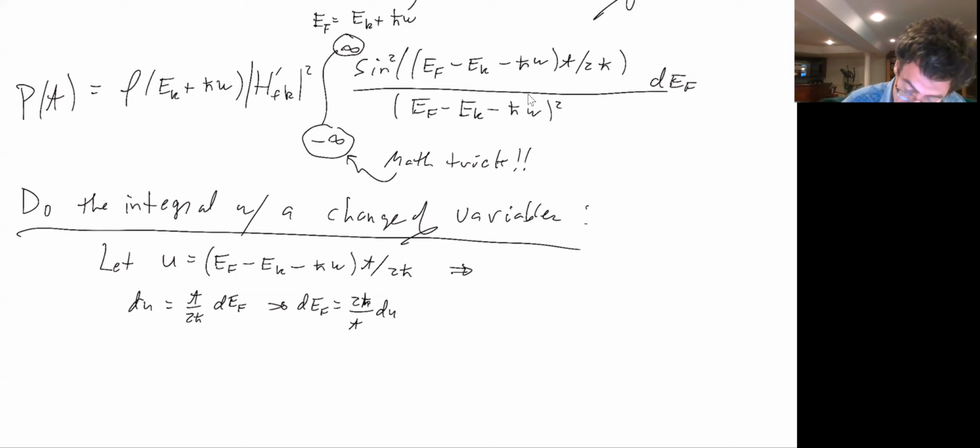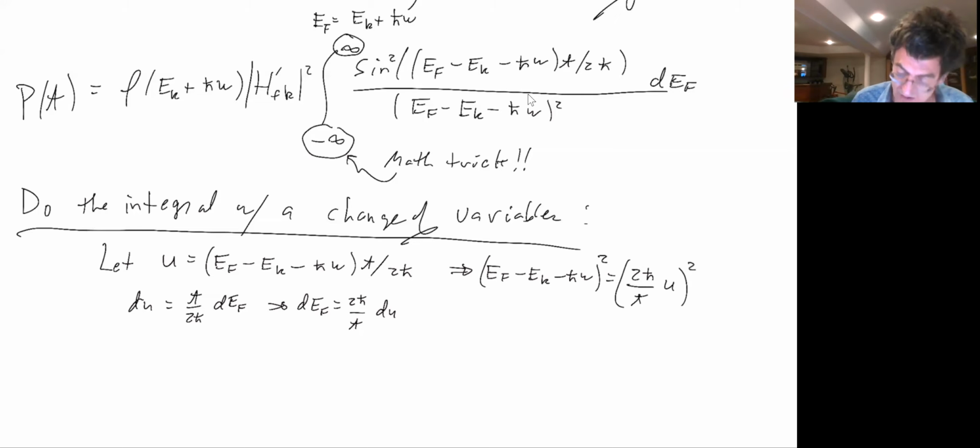Okay, so let's just change the variables, algebra. Similarly, we can solve for this variable, E_F minus E_K minus h bar omega, which is equal to 2h bar over t times u. And if I square it, then I square this too.